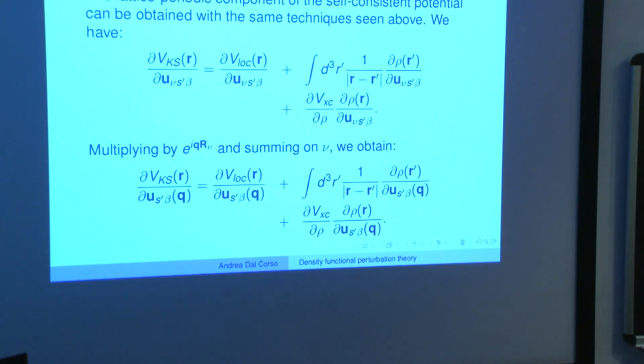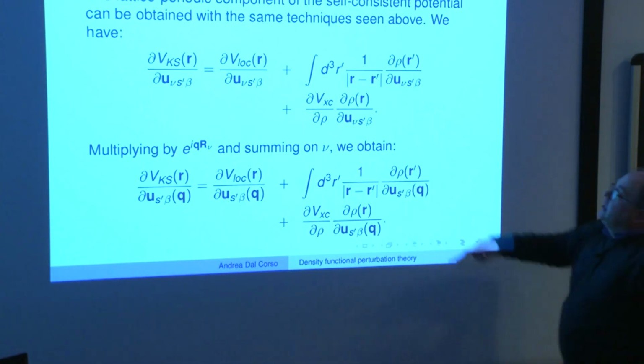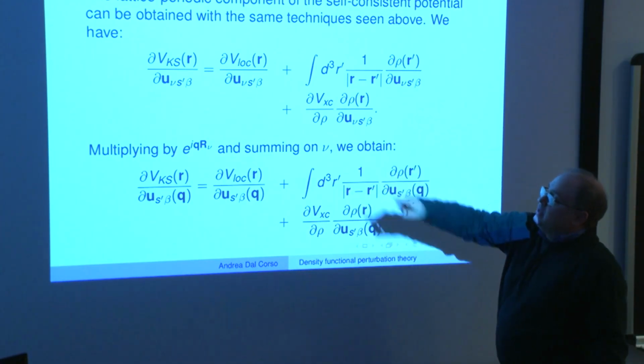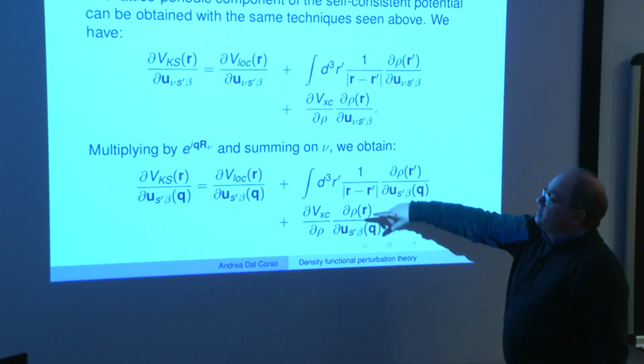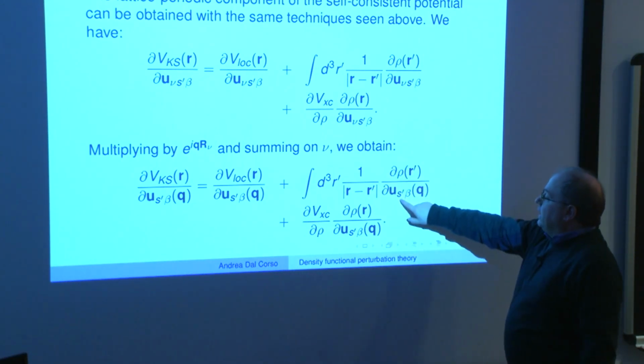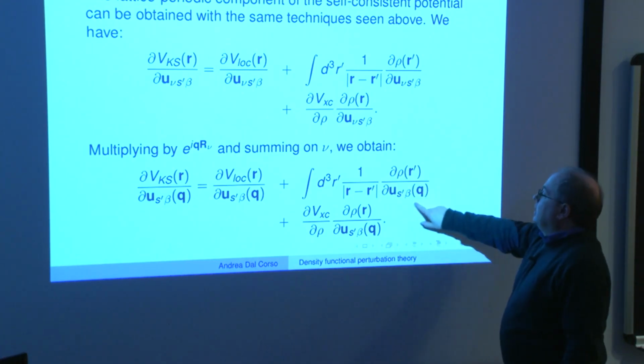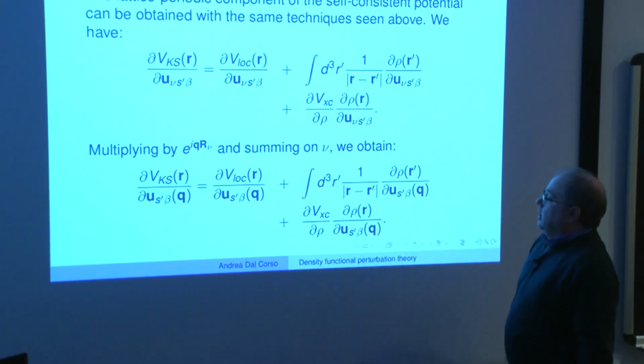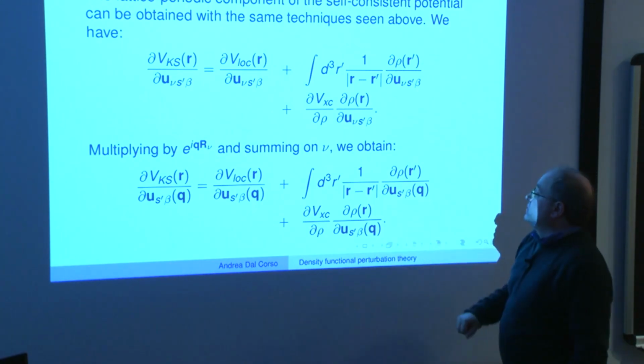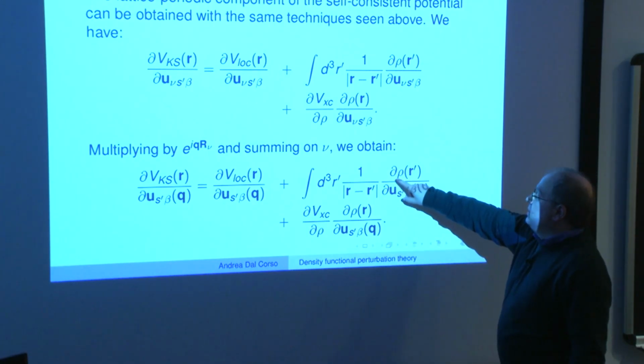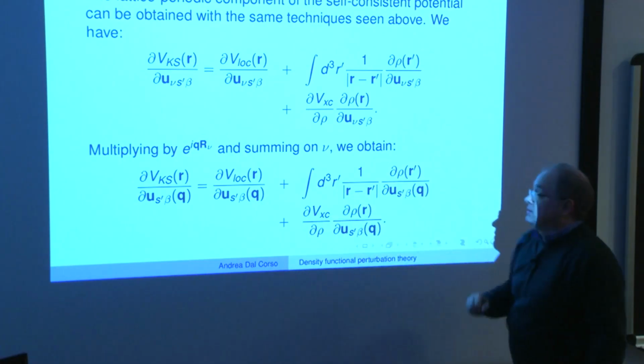Okay, now the last point, the dV Kohn-Sham over the lambda has this expression here. We have to put here the phase factor and the periodic part. So even in this, we multiply by e to the i Q R nu and sum over nu. So here we will find the derivative with respect to the phonon amplitudes, these things that we have written so far, that has a phase factor, e to the i K R, and a periodic part.